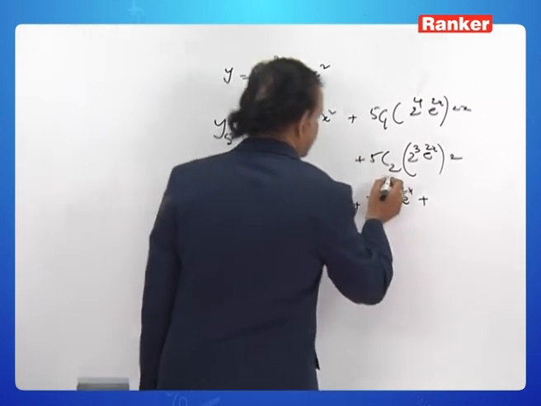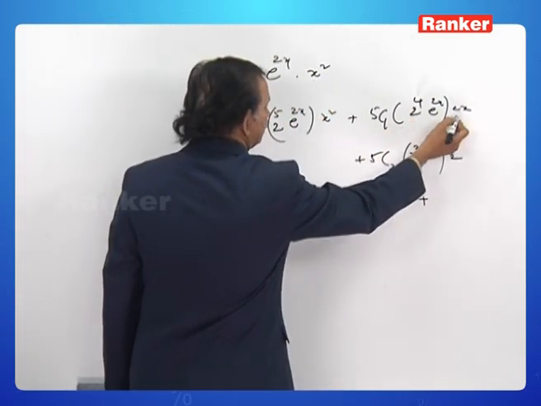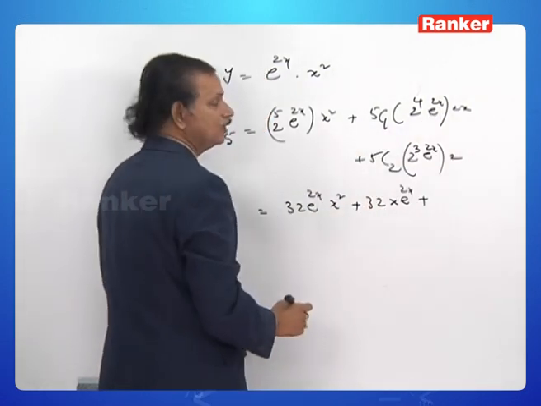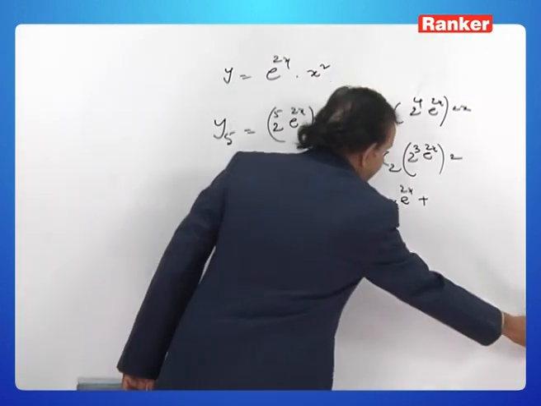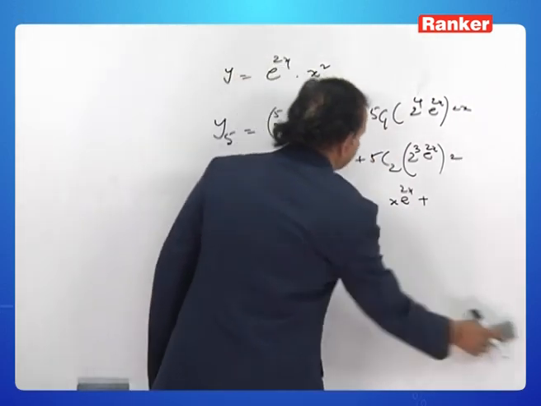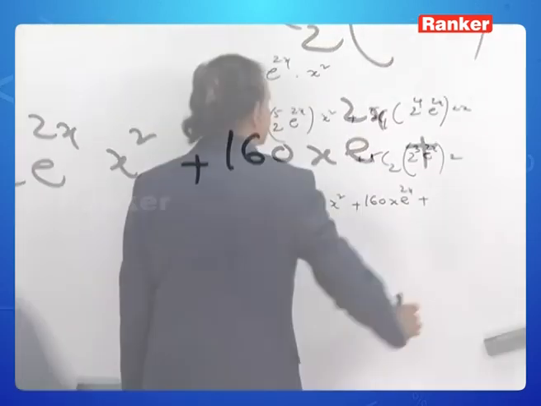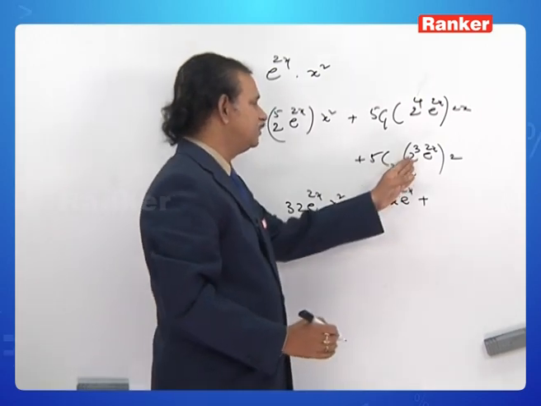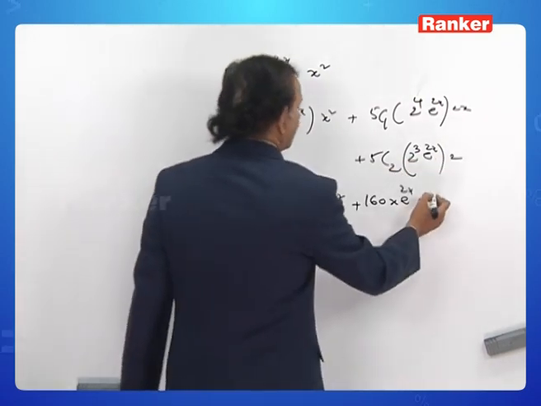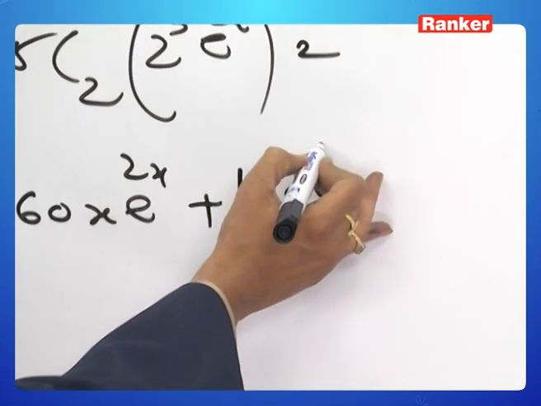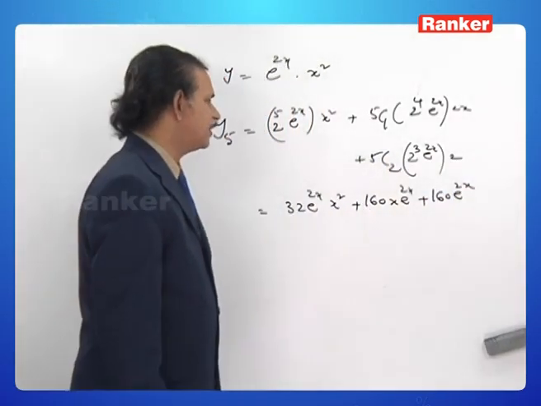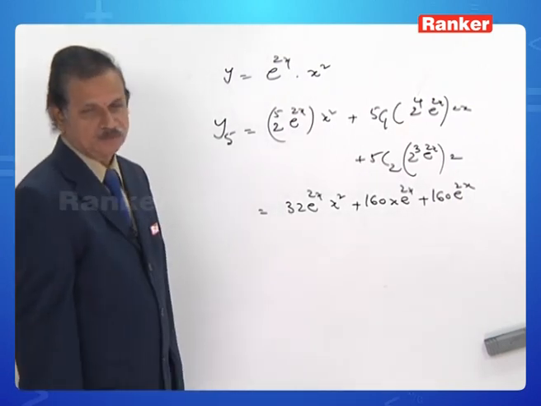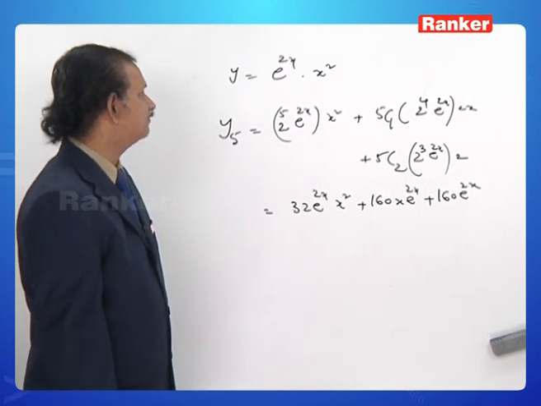Plus 5C2 is 10, 2^3 is 8, 8 into 2 is 16, 16 into 10 is 160, so 160 e^(2x). If you want to take e^(2x) out, you can. That is the answer. This is the way we get the answer for the fifth derivative.